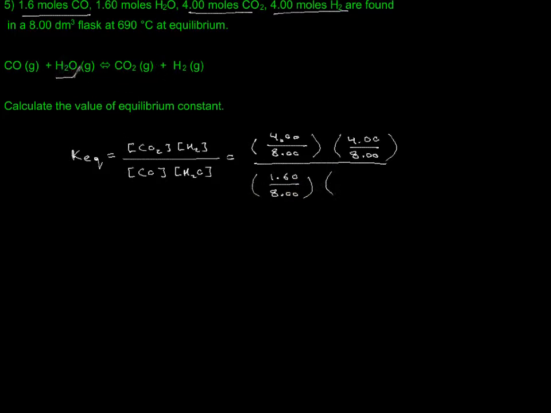Finally, for H2O steam it's 1.6 divided by 8. Now really, the 8's all cancel each other out. So what you have is 4 times 4, which is 16, divided by 1.6 squared. And this will give you the answer 6.25. And that's your K equilibrium.